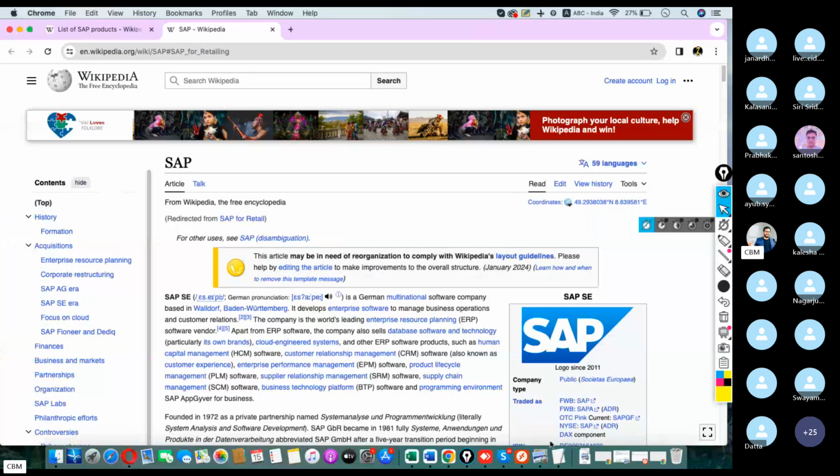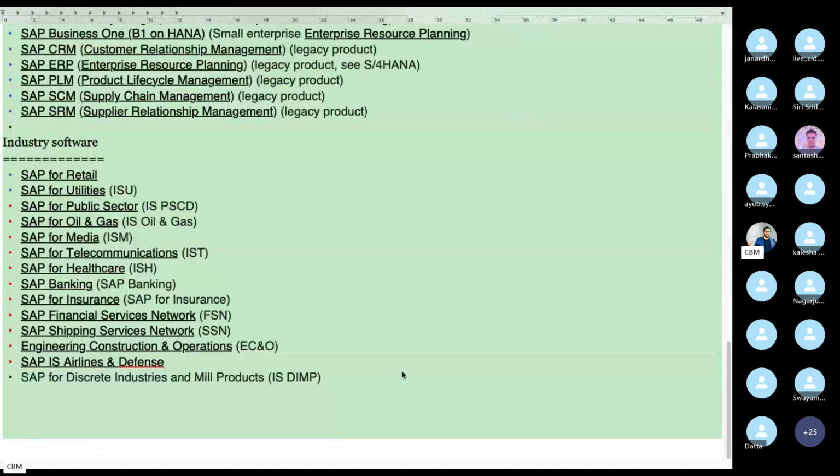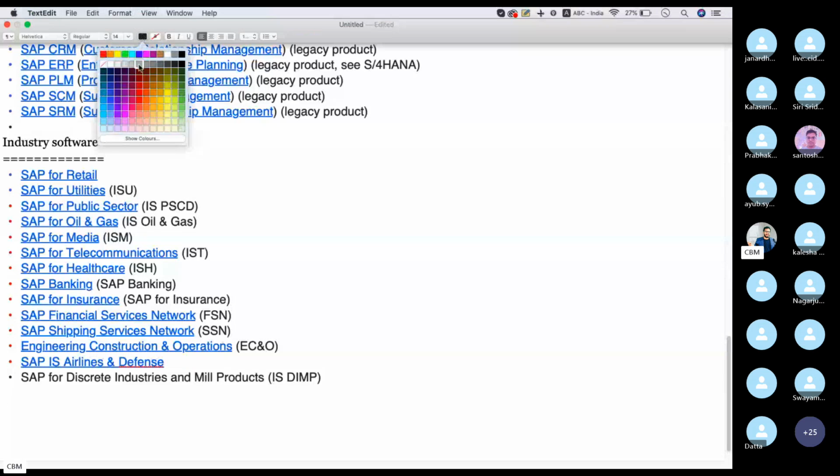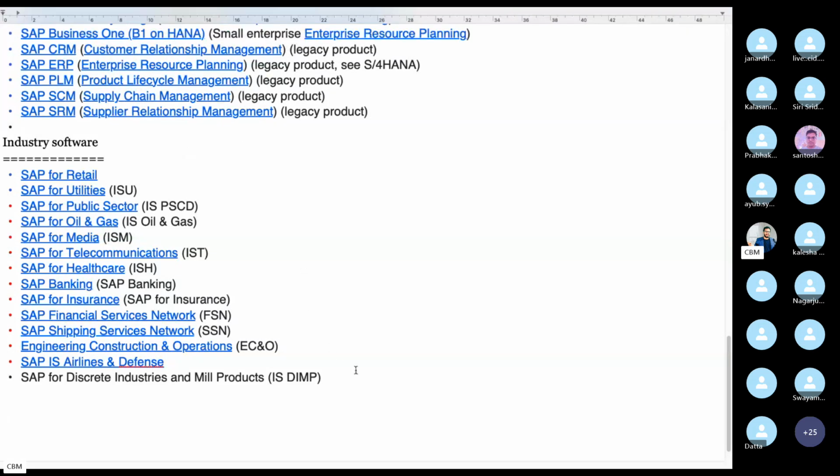Now I will give you an overall idea regarding the version, as you may have some confusion. Some people feel that FICO is different and S/4 HANA Finance is different. No. SAP FICO is the old version, and S/4 HANA Finance is the latest version. So now you should understand the difference between SAP FICO and S/4 HANA Finance.